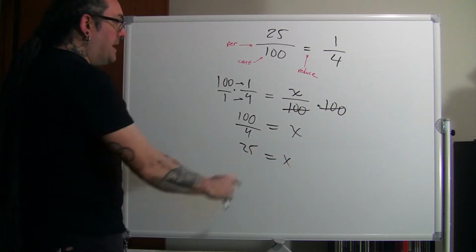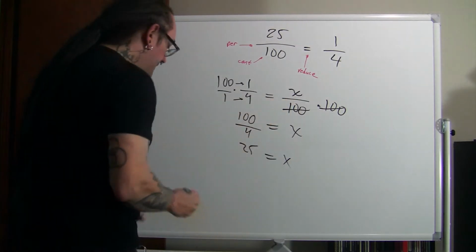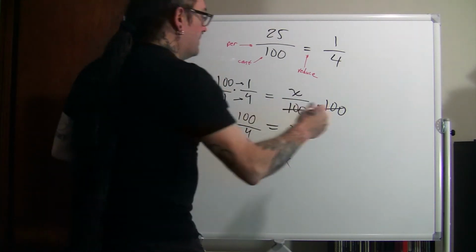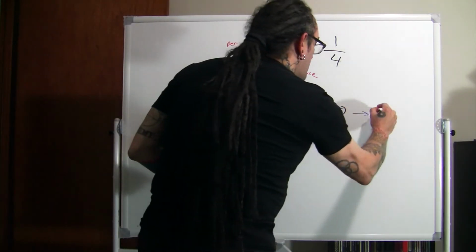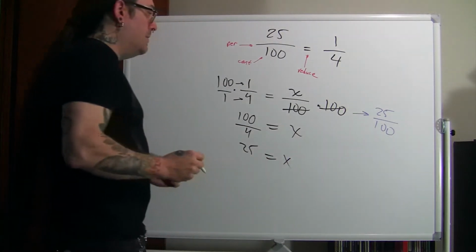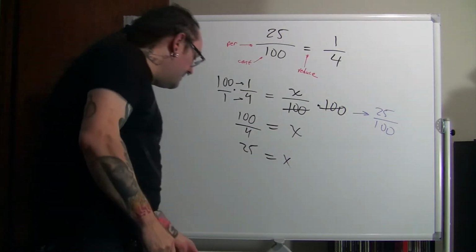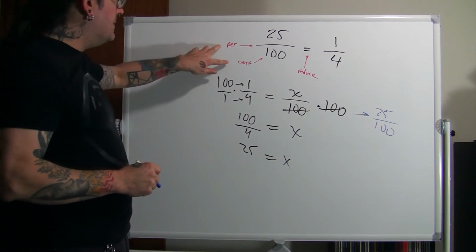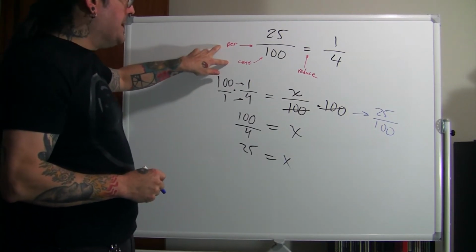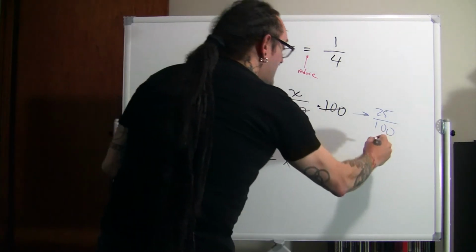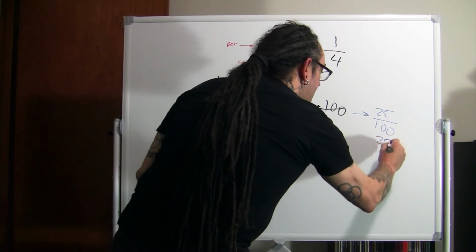So this tells me that my fraction here is actually 25 over 100. But now let's write this same fraction using my mnemonic here: 25%.